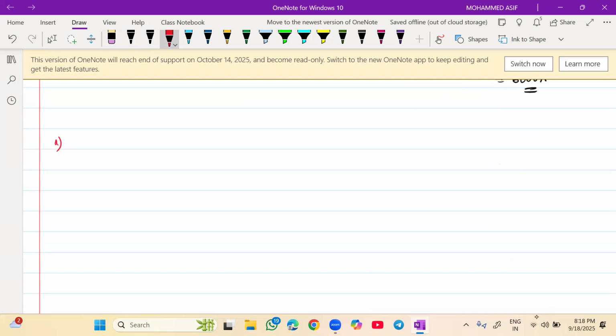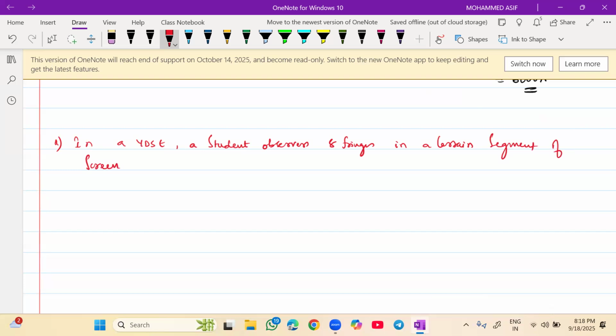Next question. In a YDSE, a student observes eight fringes in a certain segment of the screen when a monochromatic light of 600 nanometer wavelength is used.